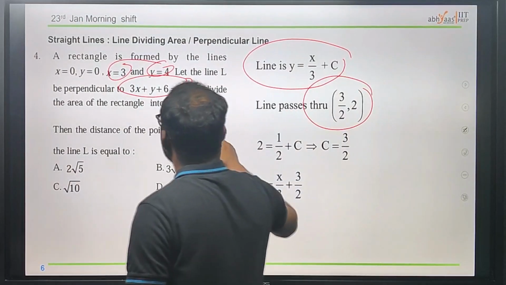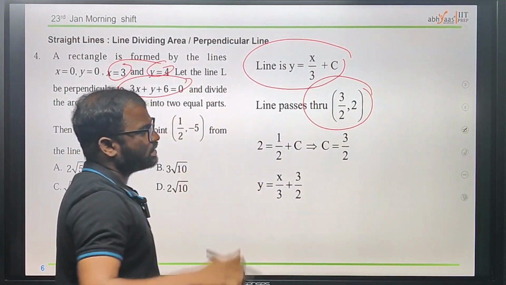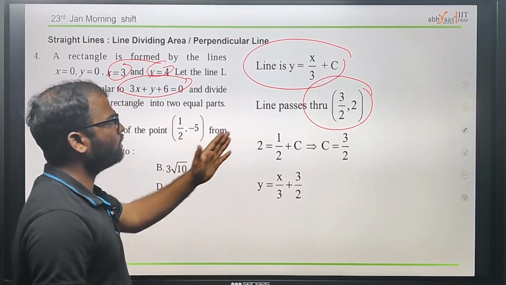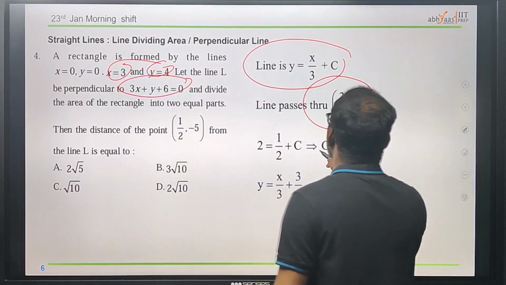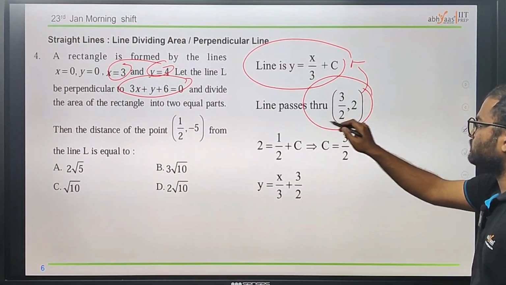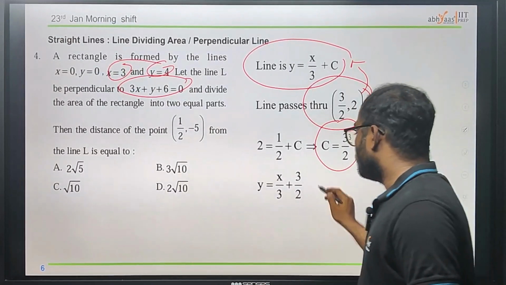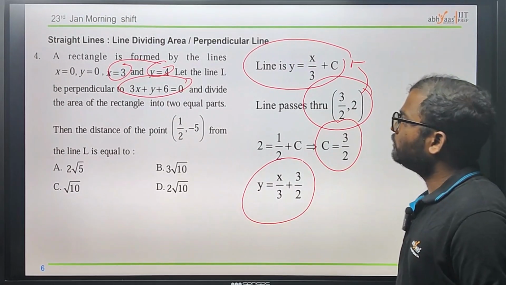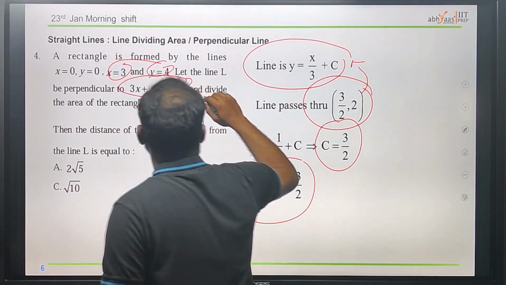Since we have these values, we can easily find the points the line passes through. Just substitute those values and we get the c value. Therefore we got the line y equal to x by 3 plus 3 by 2, which is the line L.